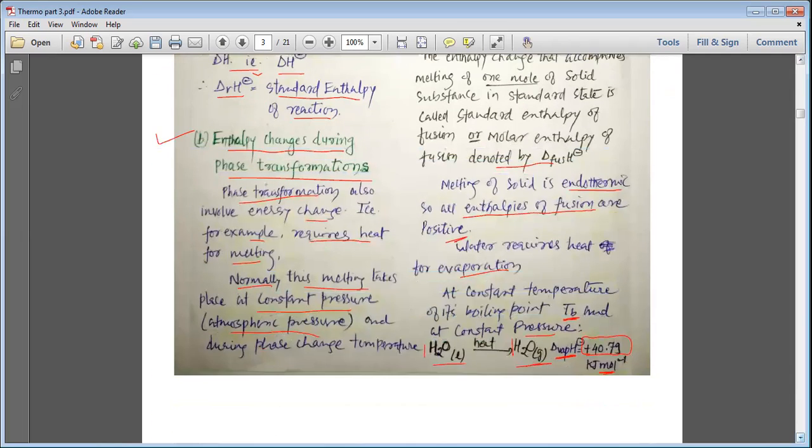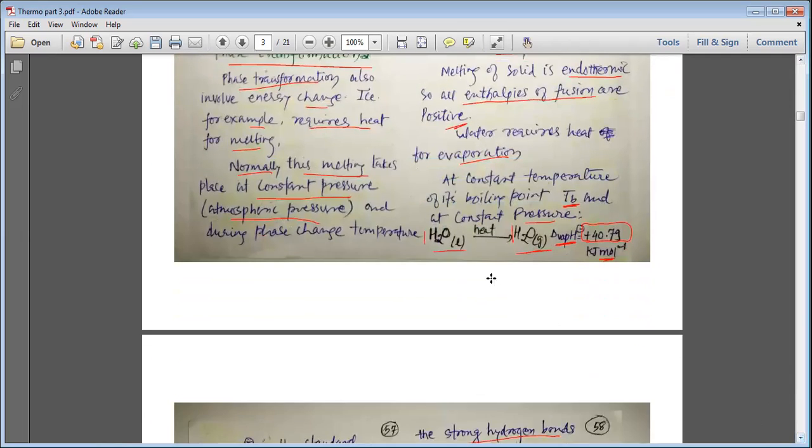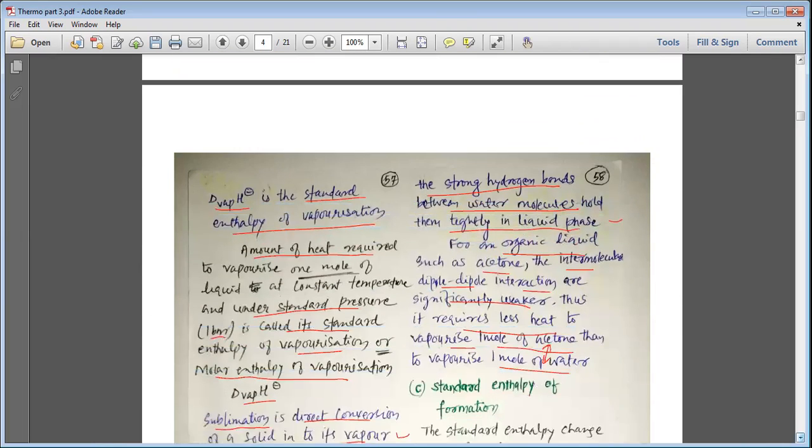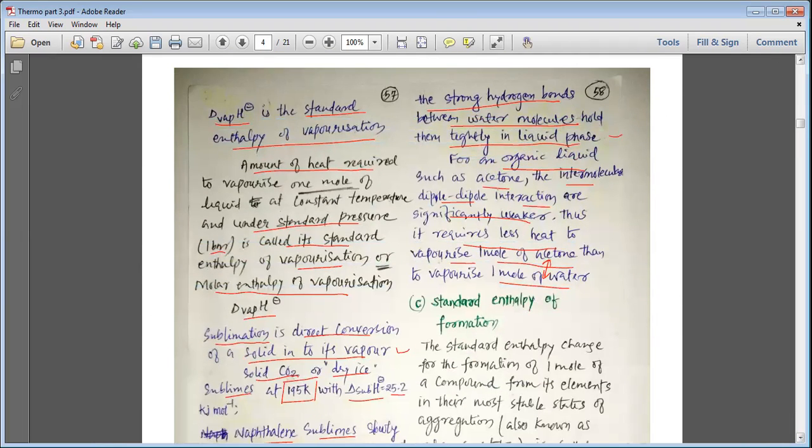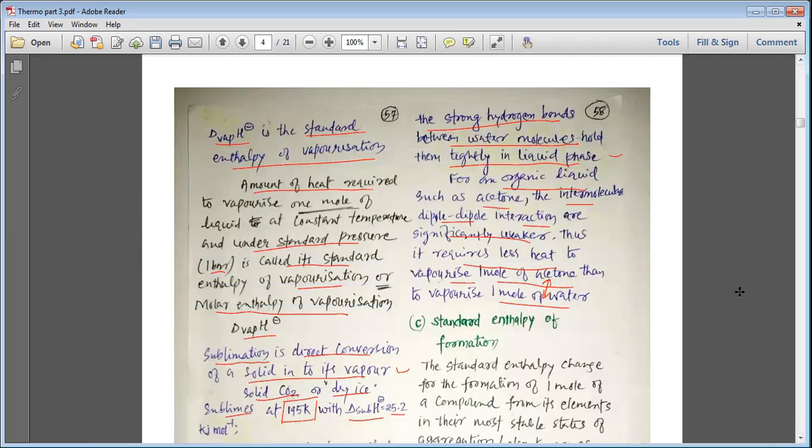We have studied the enthalpy of vaporization. For vaporization, the enthalpy of vaporization is plus 40.79 kilojoule per mole.